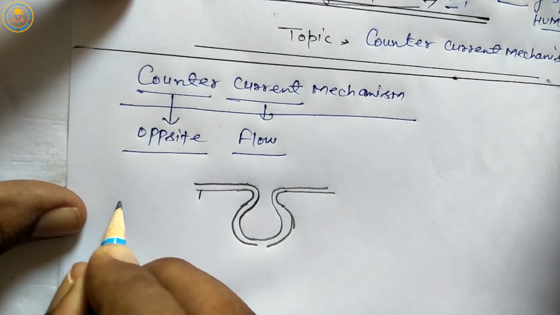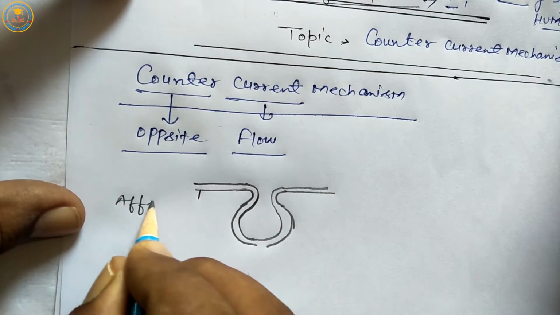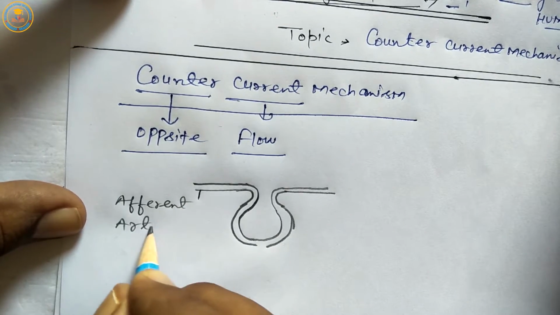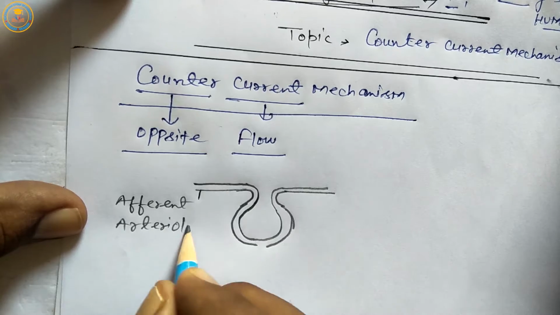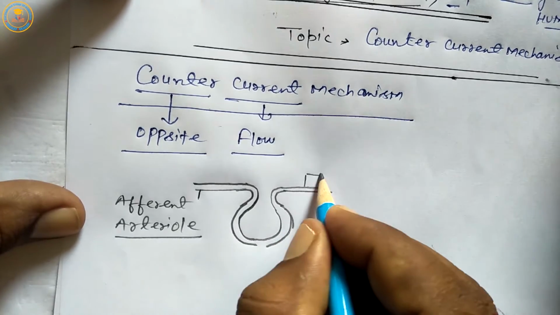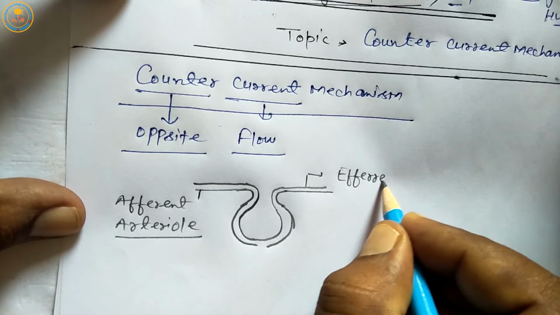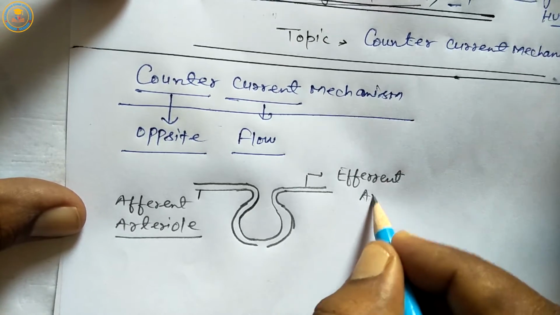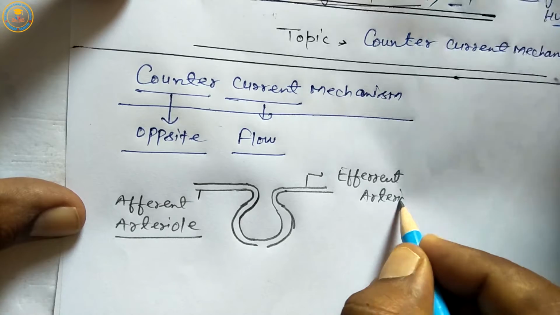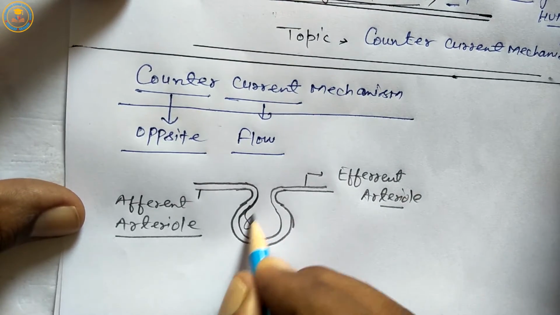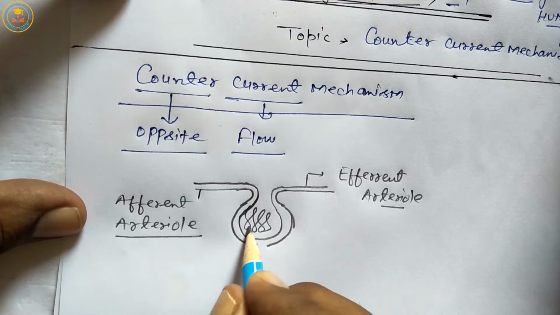Efferent arteriole forms a network-like structure.